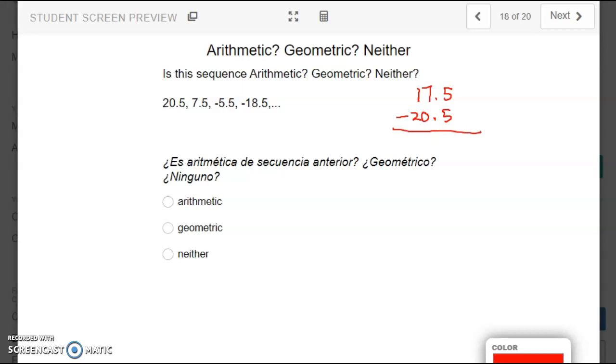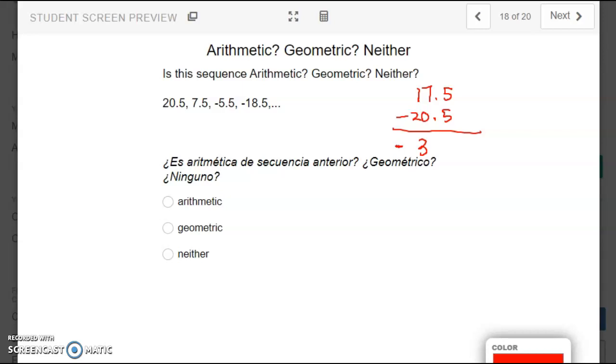Certainly you can use the calculator or you can find the difference. We're becoming more negative, which means the final answer is going to be negative. The difference between these two is actually 3. So it's negative 3.